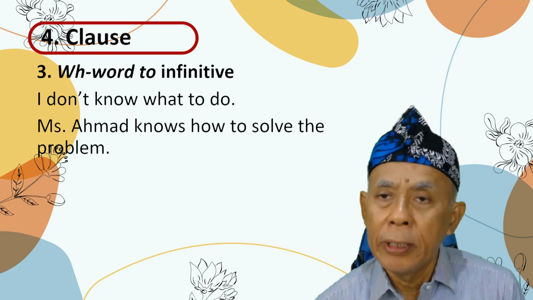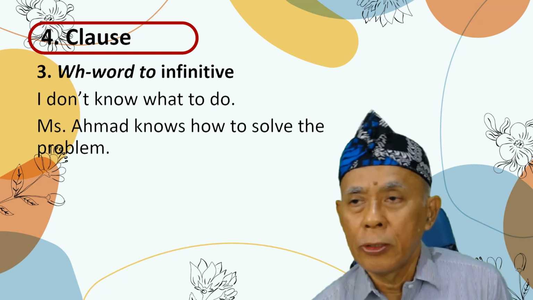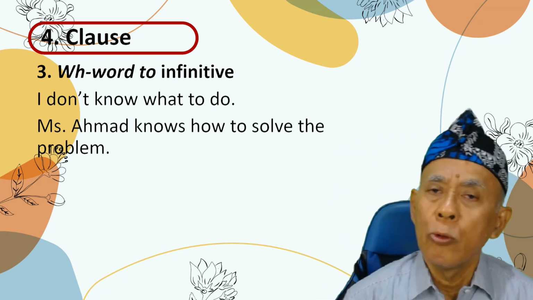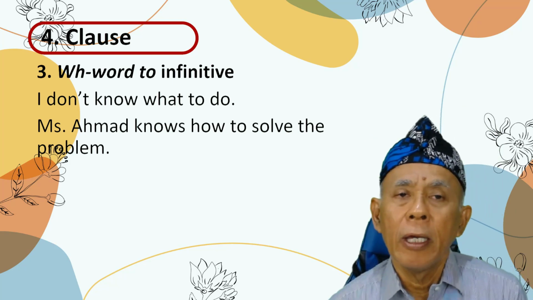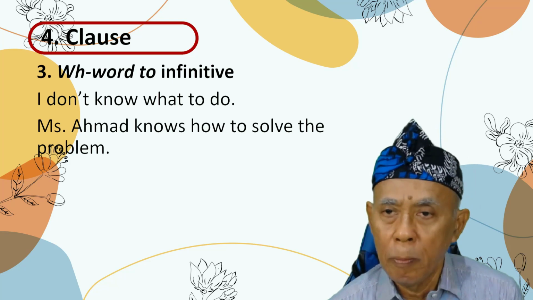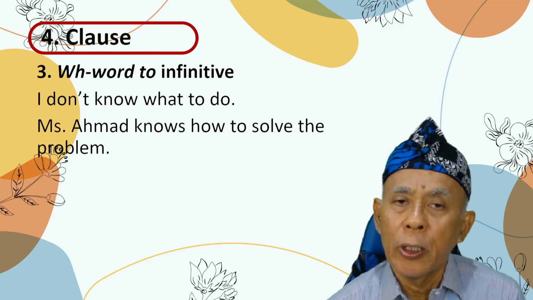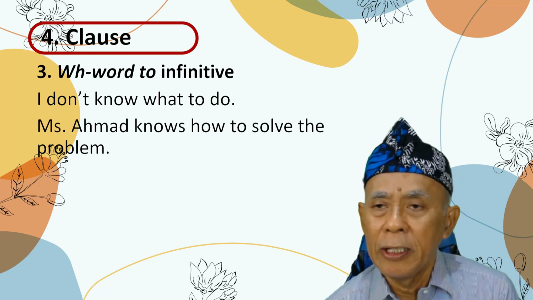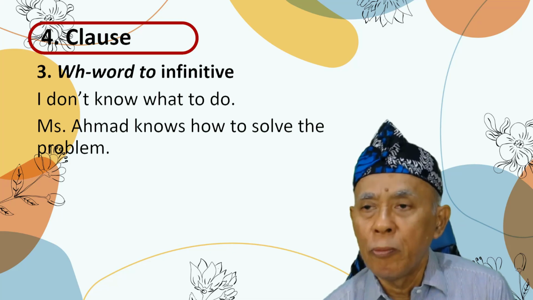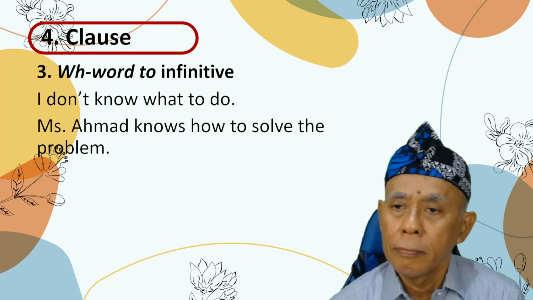The person who does the action of do is also the subject I. Mrs. Ahmad knows how to solve the problem. Here, the object of the sentence is how to solve the problem. How to solve the problem becomes the goal of the knowing state here. Know shows a state, and how to solve the problem becomes the goal of the verb know.